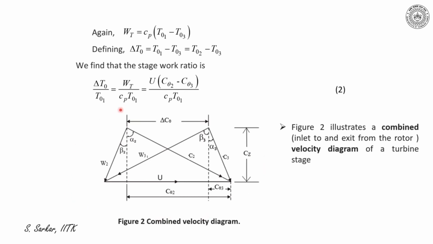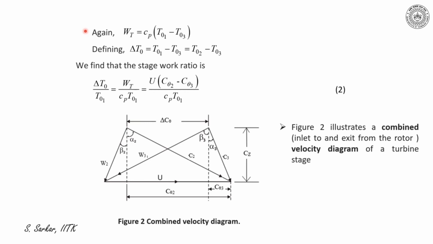After discussion of this, I have defined here Wt, that is work output of a stage, as equal to Cp into T01 minus T03, where T01 is the total temperature at entry to the nozzle, and T03 is the total temperature at exit of the rotor.